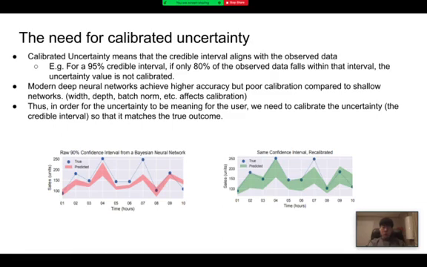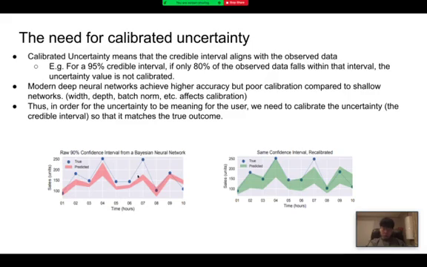Modern deep neural networks achieve high accuracy but poor calibration compared to shallow networks, and the width and depth and techniques like batch norm are known to negatively affect the calibration, and thus, in order for the uncertainty to be meaningful for the user, we need to calibrate the uncertainty, which is the credible interval, so that it matches the true outcome.